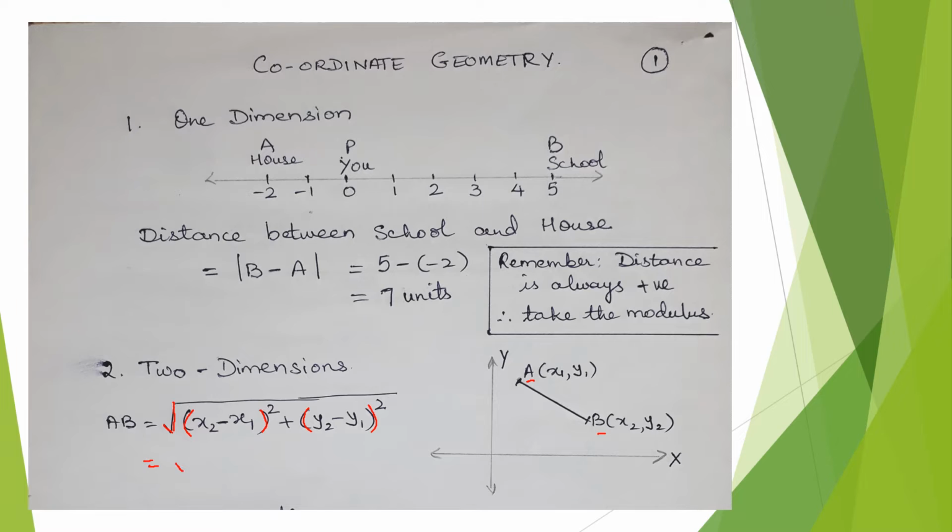I can also write square root of x1 minus x2 whole square plus y1 minus y2 whole square. You will finally get the same answer whether you do x2 minus x1 whole square plus y2 minus y1 whole square or x1 minus x2 whole square plus y1 minus y2 whole square.